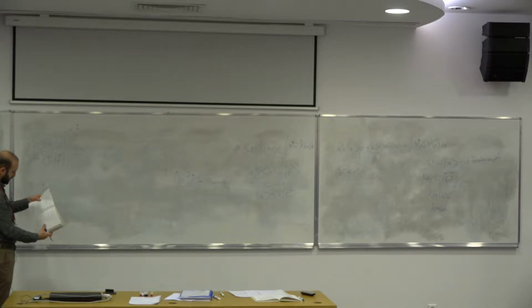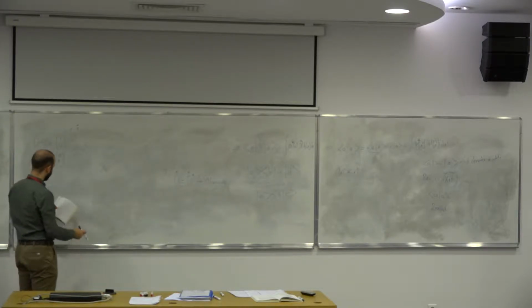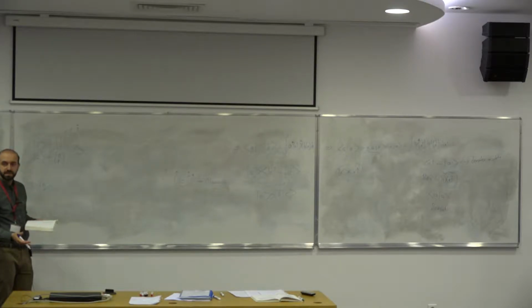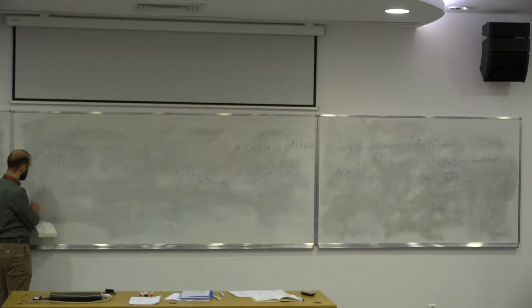Then let me see what it says. I can write a new state. I can write down linear combinations of these states, just like we have done for the infinite potential well.